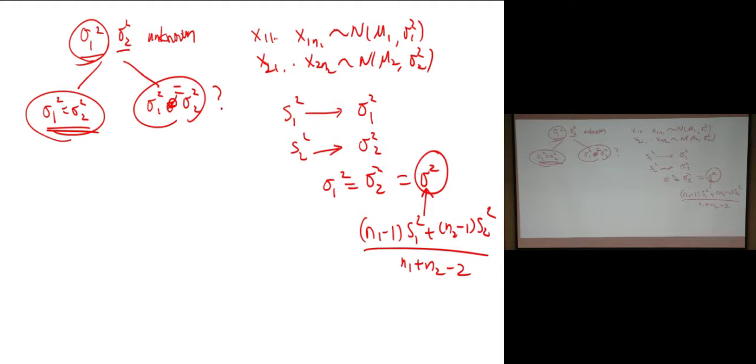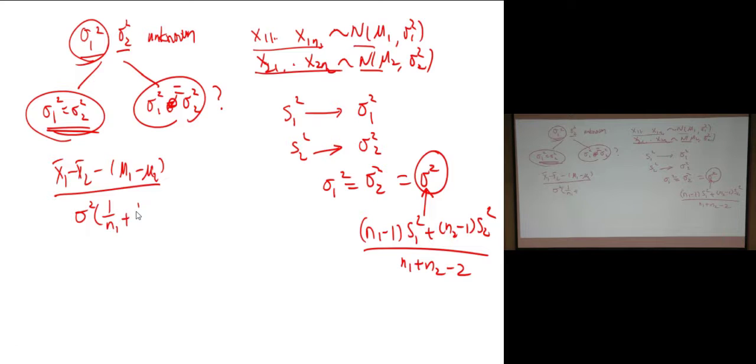All right? So if this follows a normal distribution, and this follows a normal distribution, then x1 bar minus x2 bar, minus (mu1 minus mu2), if they're equal, then this formula will follow a standard normal.